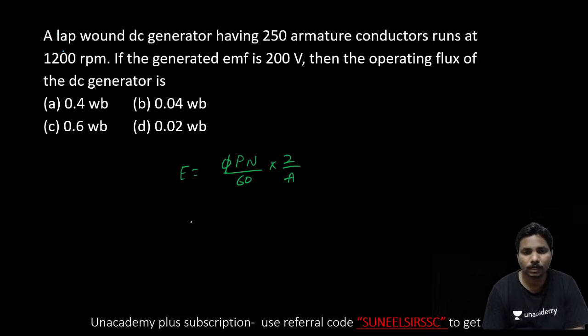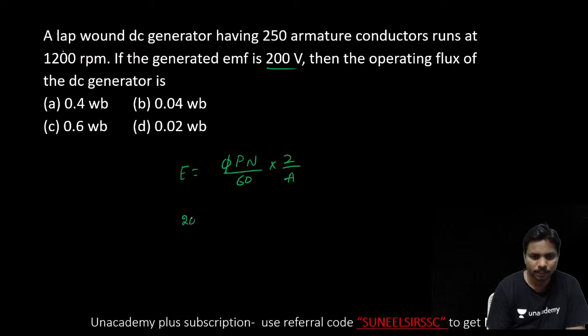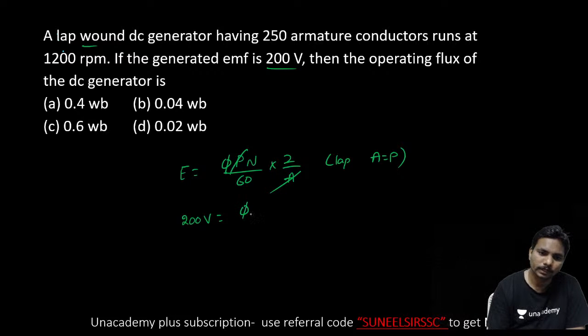Generated EMF 200 volts they have given. So that is 200 volts. And in case of lap wound, number of parallel paths is equal to number of poles, so this one gets cancelled out. So flux pi and speed 1200 by 60 into the number of conductors.